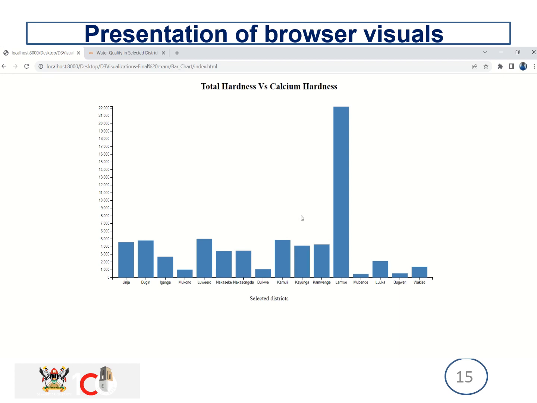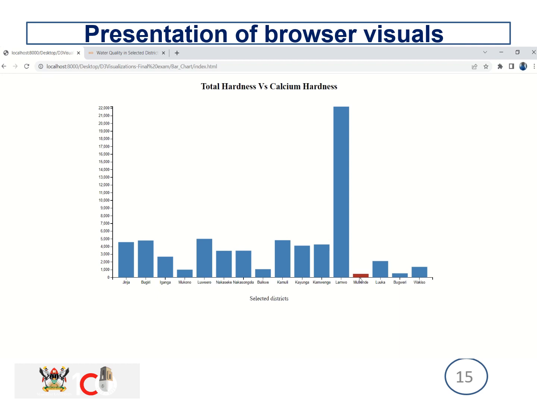This is a summation of whatever is happening per district, and you see that Lamu has about 22,000 plus total hardness. As it comes to Bujiri, Jinja, Luwero, Kamuli, and so forth, it comes dropping like that. The visualization shows us which district has this amount of total hardness and this amount of calcium hardness.